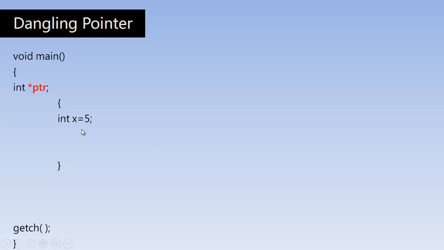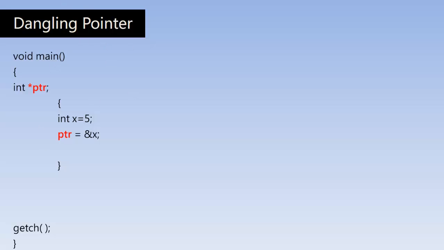Here I have created one local variable which is local to this block. It is x and it is initialized with 5. Now I am using this pointer to store the address of x. So ampersand x returns the address of x, which is stored in ptr. Since ptr is a pointer variable declared in the main function, it can be accessed in all the blocks present in the main function.